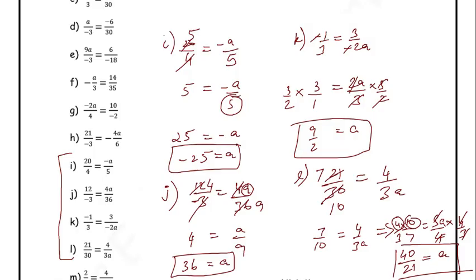40 is even, 21 is odd. So there's nothing common between the two. No more cancellation. Well, I'll show you an example where an even number and an odd number can be cancelled.